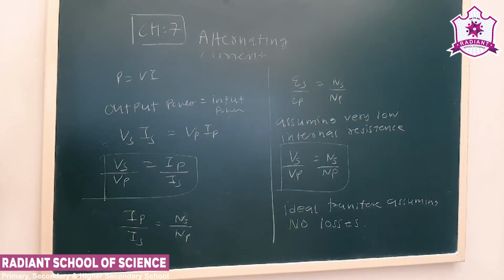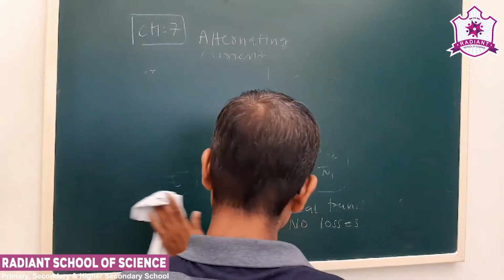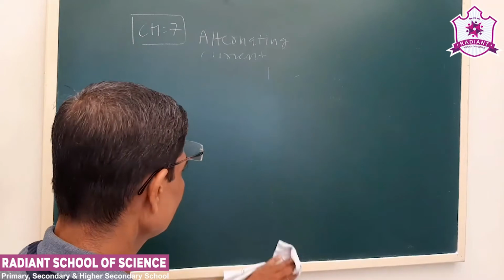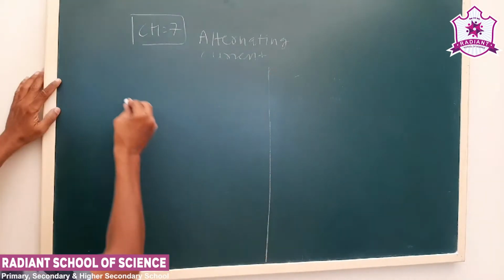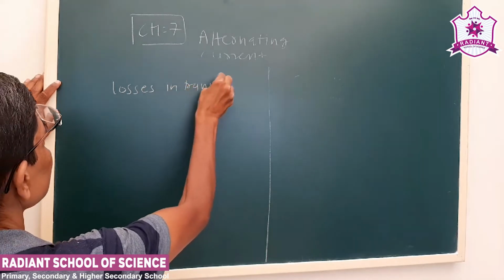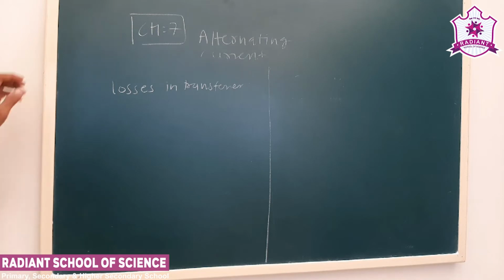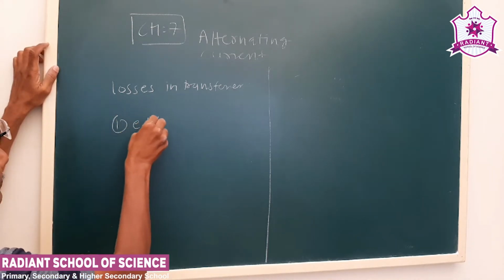Now, in an actual transformer some losses are associated with the transformer. So next we see the losses. The first loss in the transformer is due to eddy current.